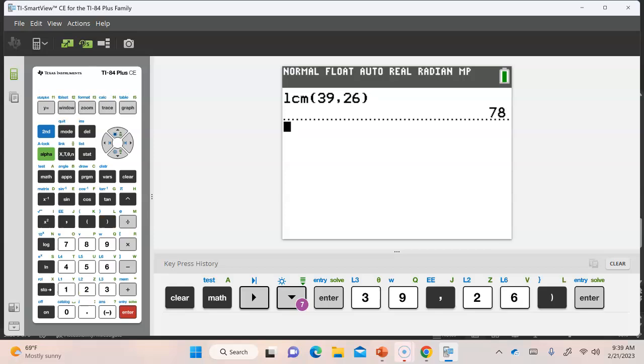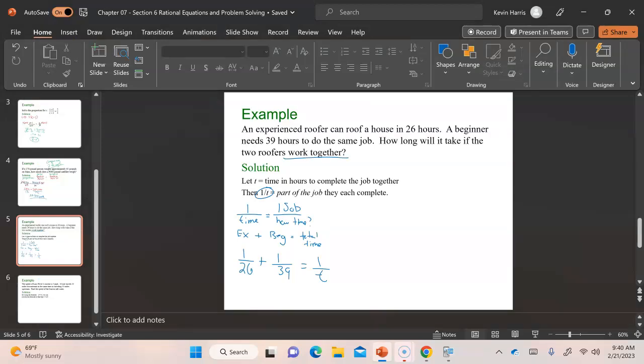And it tells you your LCM is going to be 78. Okay, so it only works with 2 numbers, so you can't do 3 or 4, but you can pick any 2 numbers, put them in, and it's going to tell you the LCM of those 2 numbers. Okay? So I know my LCD is going to be 78, so let's go back here.